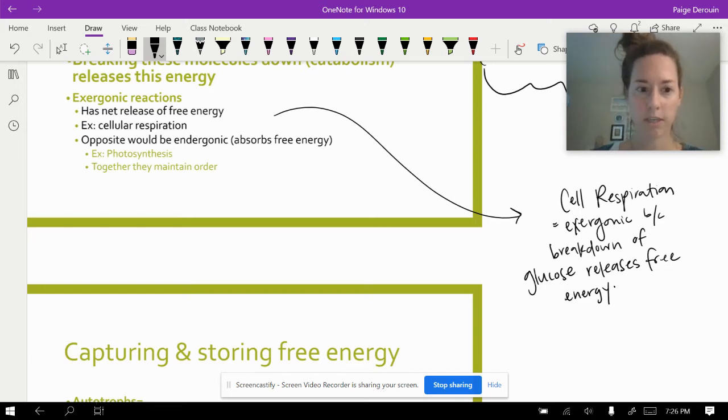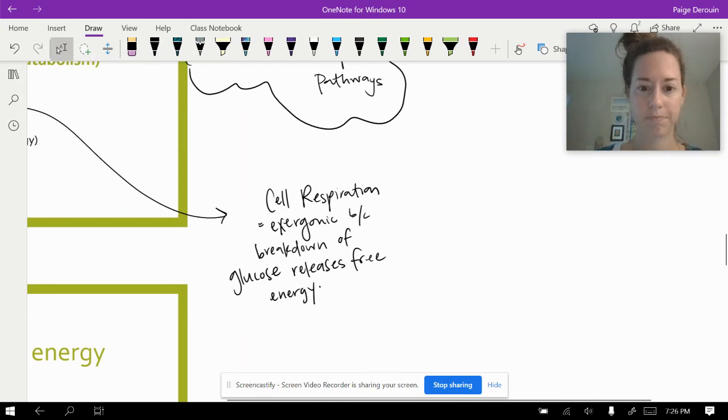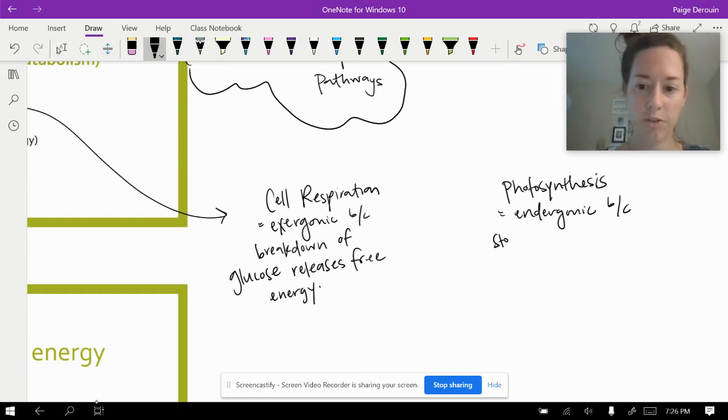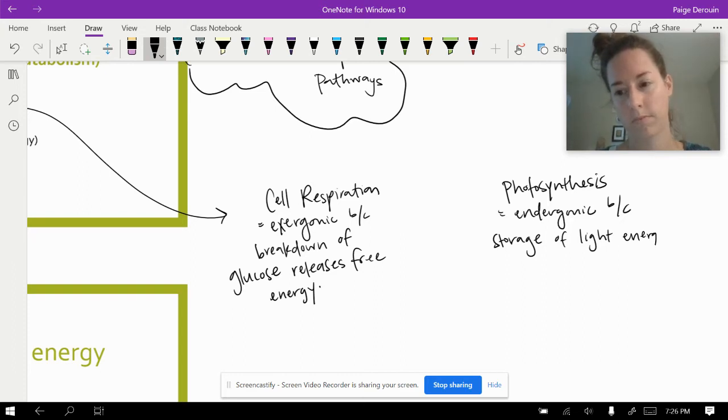And then photosynthesis is endergonic because of storage of light energy in the form of glucose.